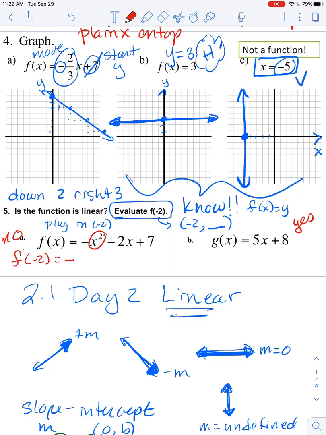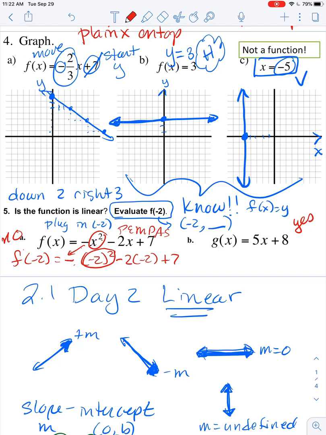So here, to get my f of -2, I'm going to be careful. That negative's part of the actual function. Then I'm plugging in a negative because it's asking me to square my x. And since my x is -2, I want to make sure that I plug in a -2. So -2 squared, plugging in a -2, plus 7. Be cautious, going back to PEMDAS.